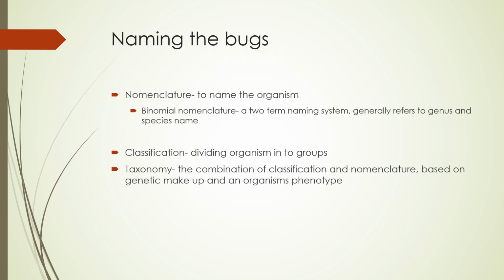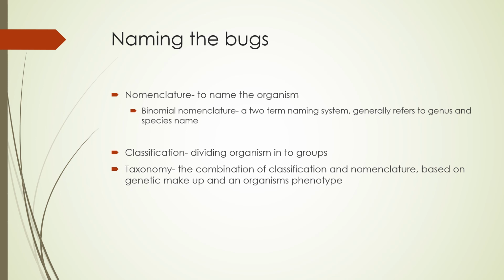So you're going to find out in this course that every organism has a very long name that's usually hard to spell. Naming the bugs is called nomenclature, classification, and taxonomy. Okay? Nomenclature is to name an organism. Binomial nomenclature means you have a 2-term naming system, generally refers to the genus and species. So for E. coli, that is a binomial nomenclature.